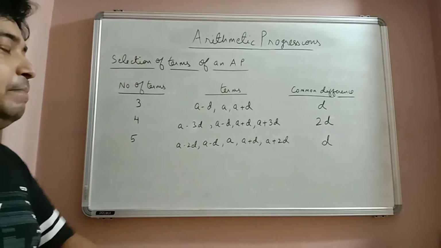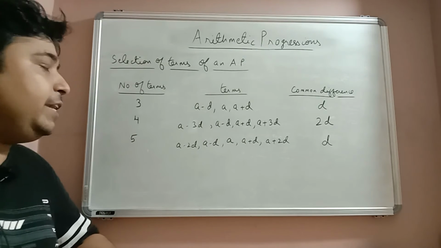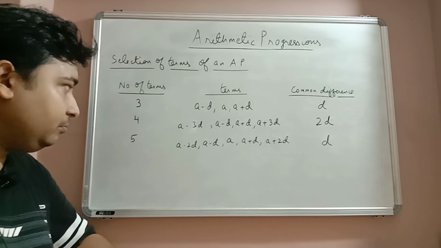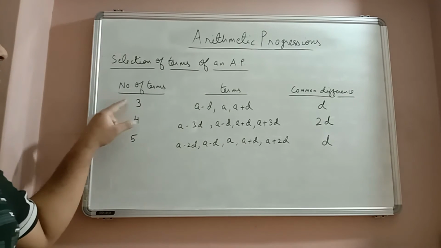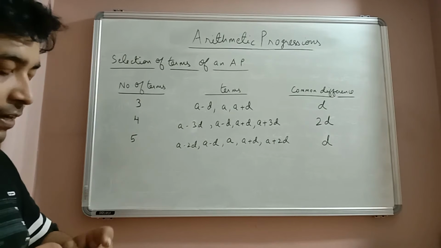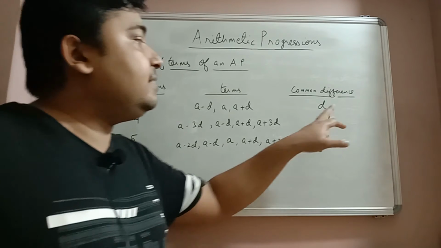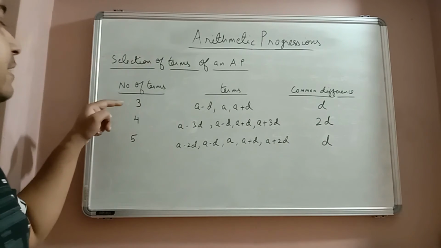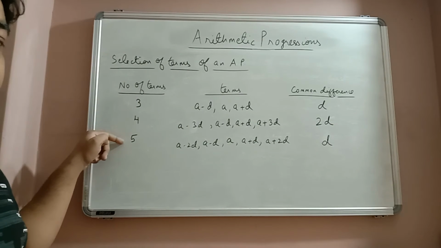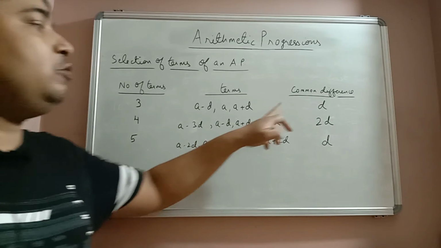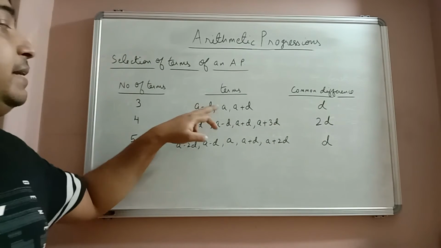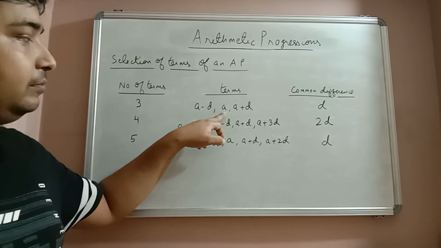Now how to remember what to take when the number of terms is given? It's a simple rule. Whenever the number of terms is odd, we will take common difference as d, for example in case of 3 and 5 terms. Whenever the number of terms is odd, we have to take common difference d and the middle term to be a.